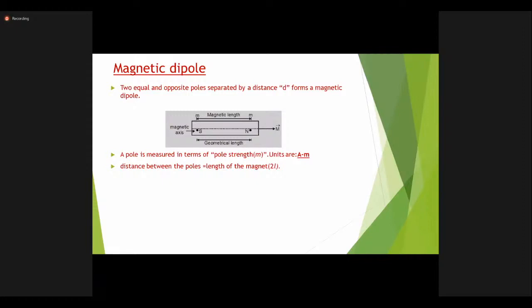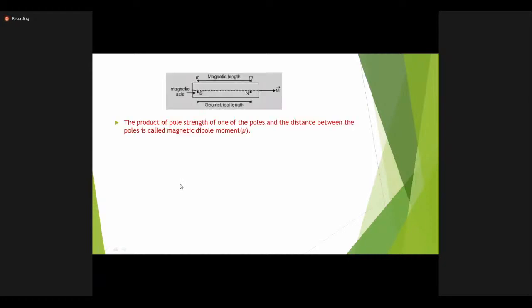So the product of the pole strength of one of the poles and the distance between the poles is what we call magnetic moment or magnetic dipole moment. M into 2L. Units are ampere meter square.